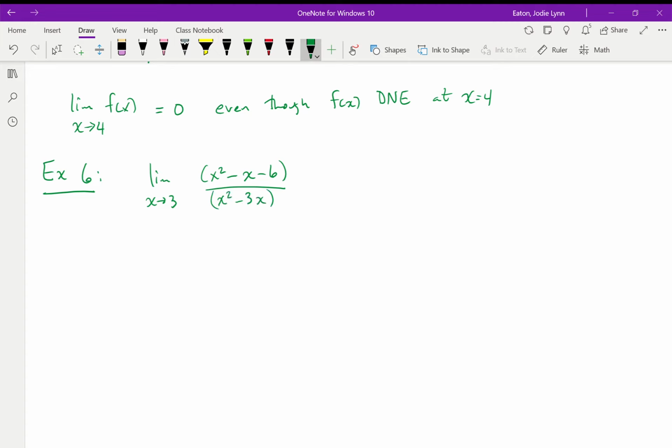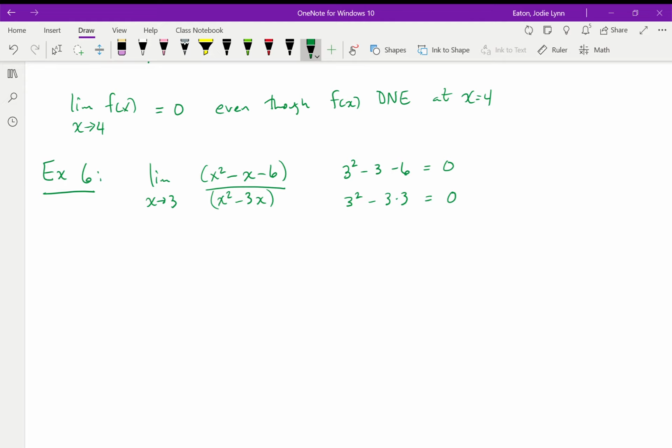Okay, so the first thing we do is we try. So 3 squared minus 3 minus 6, 9 minus 6 equals 0. And we also get 3 squared minus 3 times 3, 9 minus 9, also equals 0.